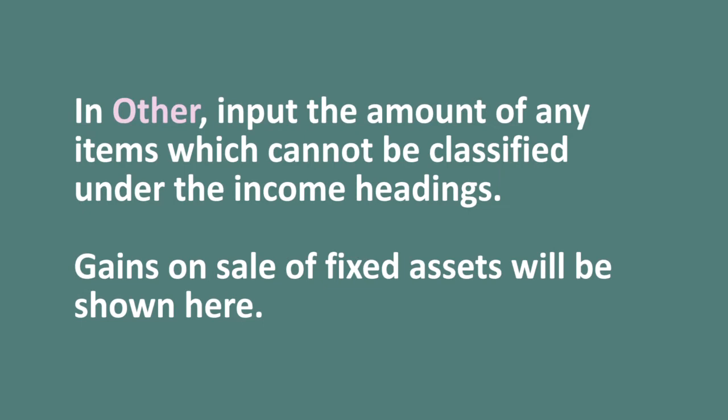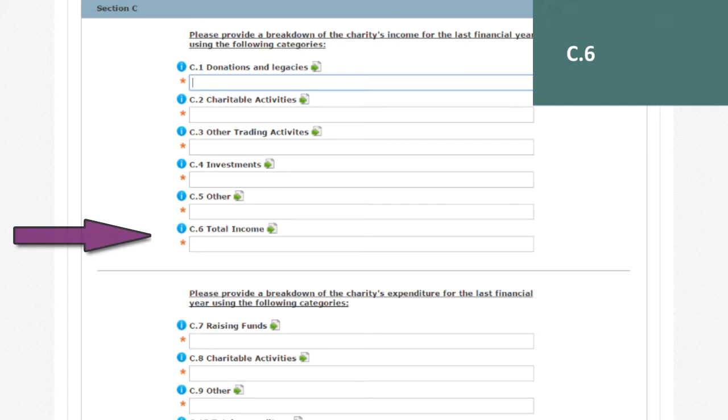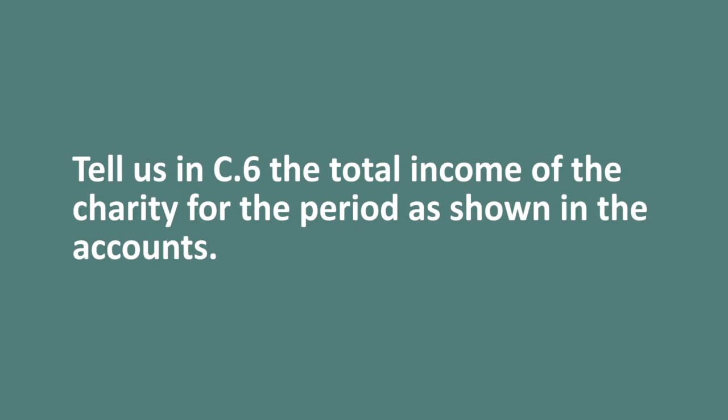Gains on sale of fixed assets will be shown here. Tell us in C6 the total income of the charity for the period as shown in the accounts.